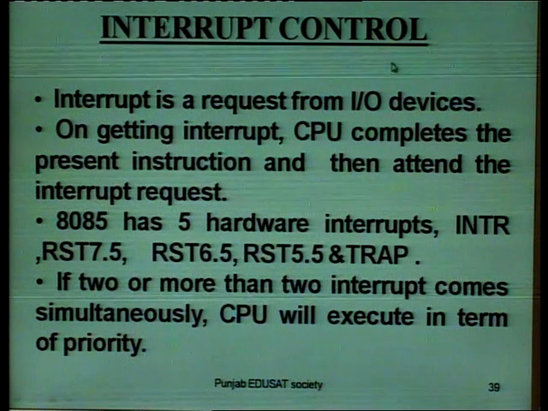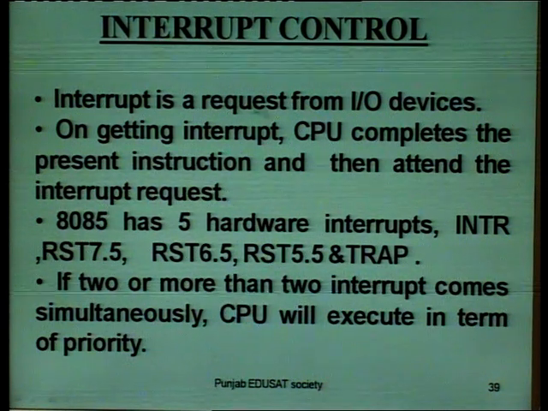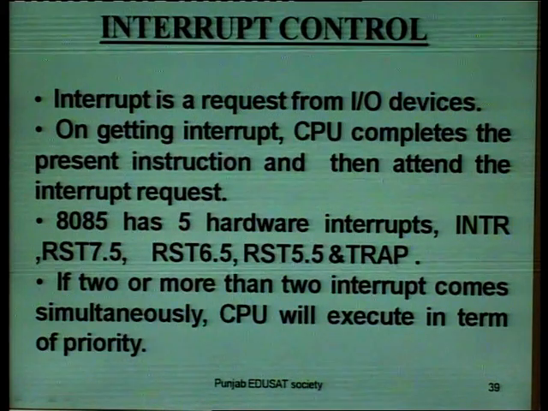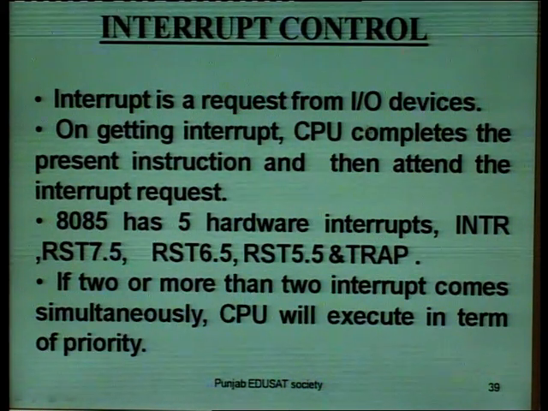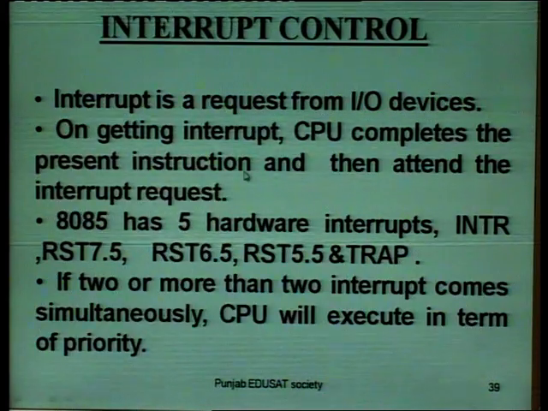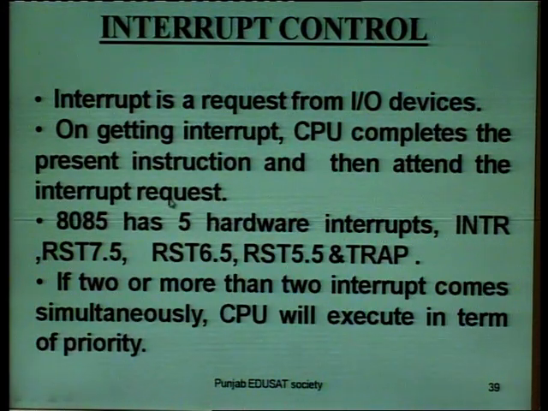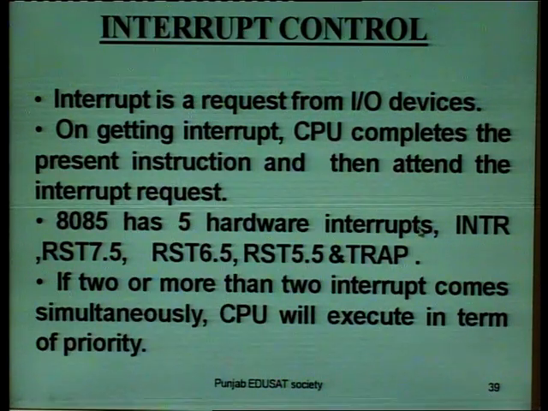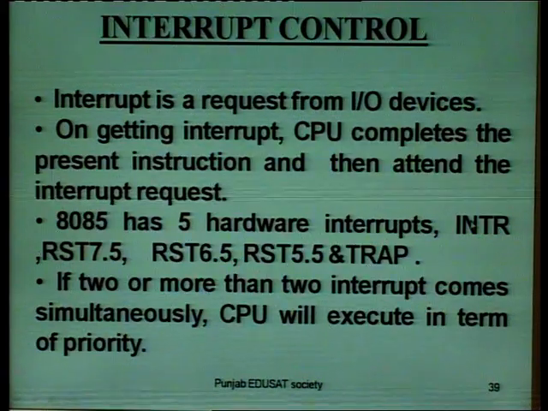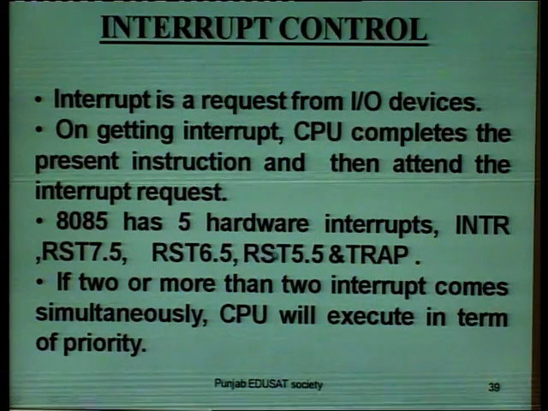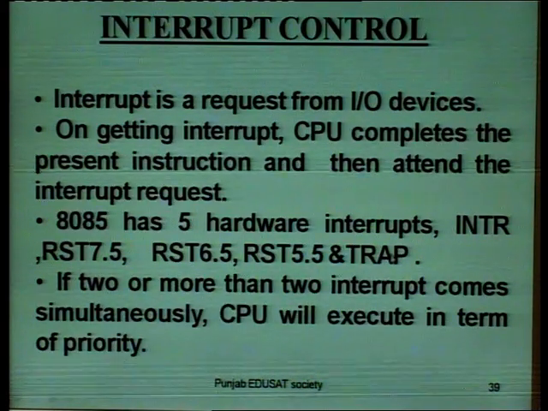Then interrupt control. Interrupt is a request from input output device. On getting interrupt, CPU completes the present instruction and then attends the interrupt request. 8085 has 5 hardware interrupts: interrupt request, RST 7.5, RST 6.5, RST 5.5 and trap.